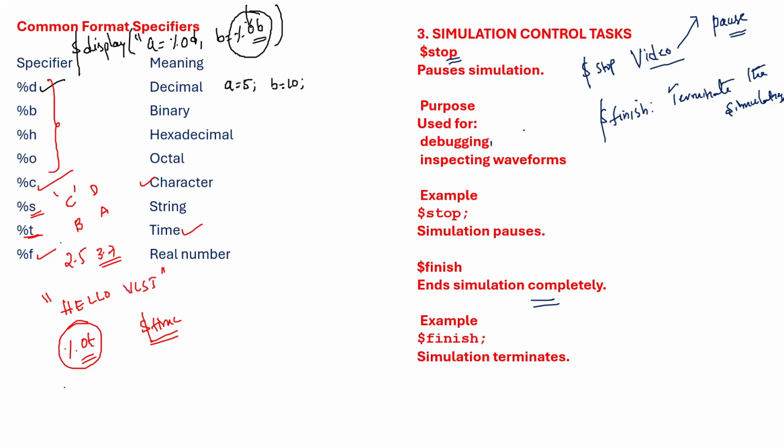Where we use $stop is for debugging purposes and when you want to inspect any waveforms. $stop means pause the simulation, $finish means exit. Directly it will exit from the simulation, and there is no further execution of your simulation, right?